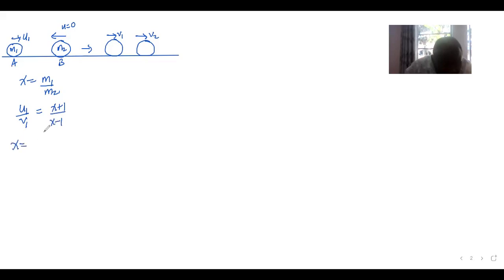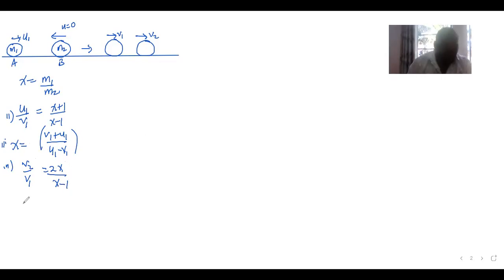Then also X is equal to V1 plus U1 over U1 minus V1. Then thirdly, V2 over V1 is equal to X over X minus 1.